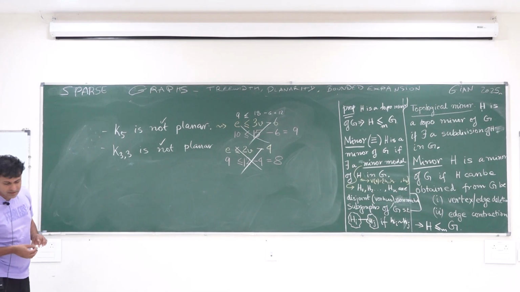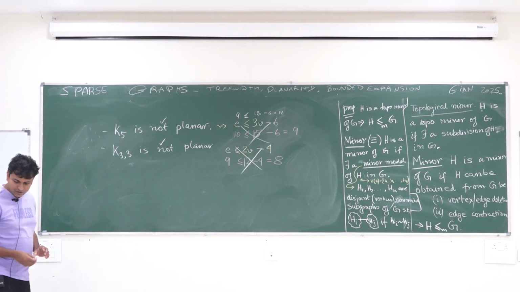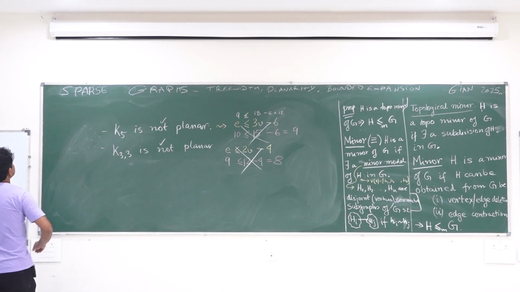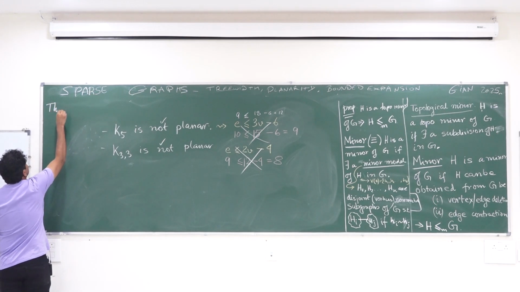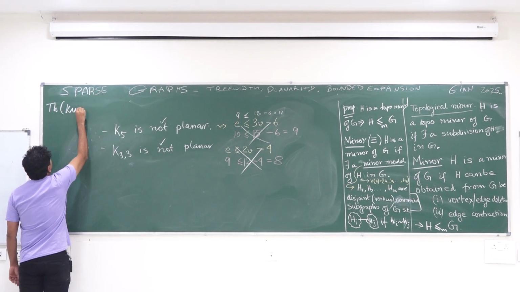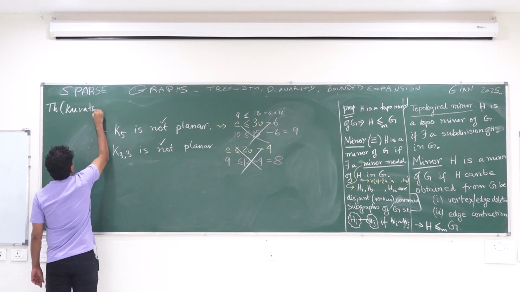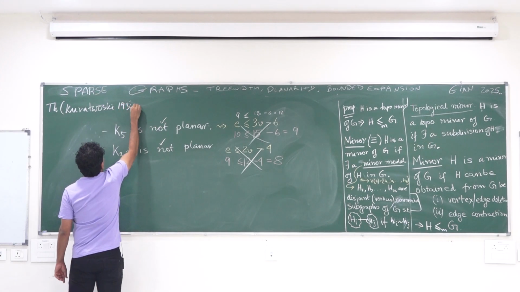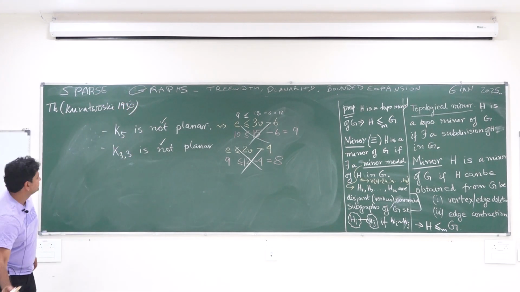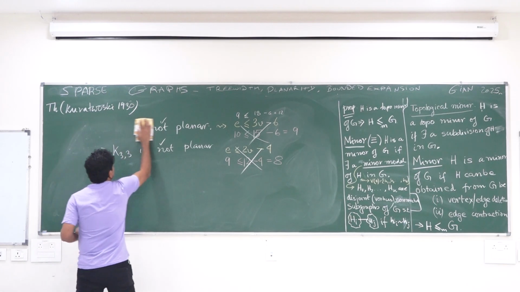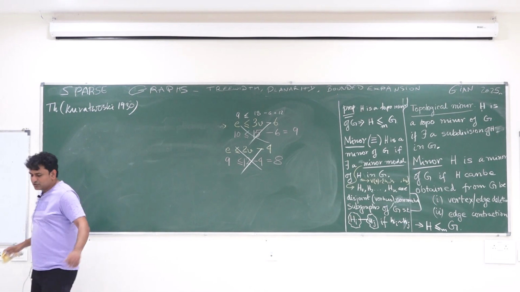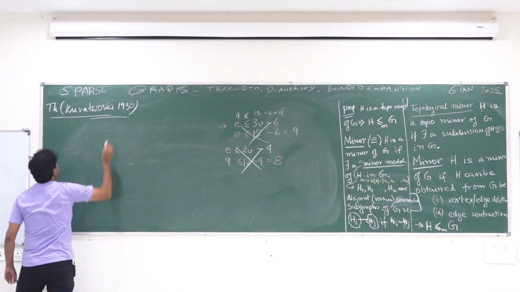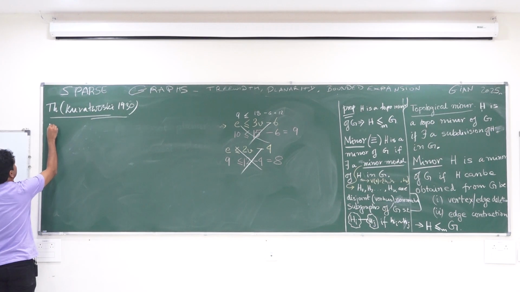The first such indication was probably due to this. So also for topological minor it works. So the first one maybe is due to Kuratowski, which says that if you exclude exactly these two things, K5 and K33, as minors, then it is enough to describe the set of planar graphs.